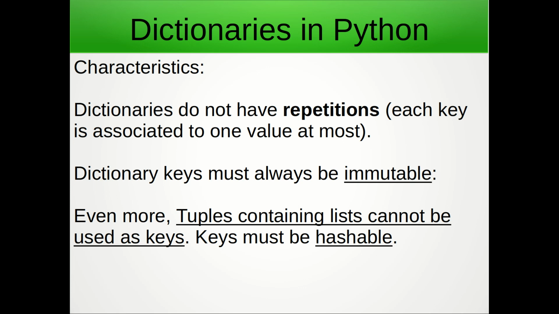Not only that, but if you remember, we saw that some tuples, which are immutable, could contain parts that could be changed. Dictionary keys will not allow that. Dictionary keys need not only be immutable, but they cannot have any part that can be changed. We will call that hashable in Python.